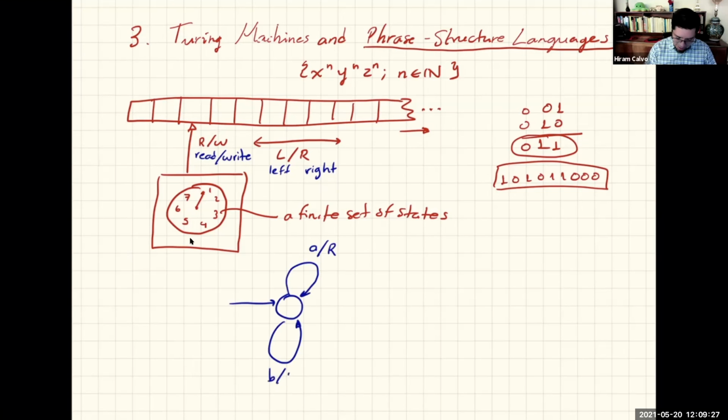And we will now have two different symbols here for each one of the transitions. So we will have, the same as before, an initial state like this one, and a final or accept state. Same as before, we can have this state, but now in this case, it will be called a halt state.